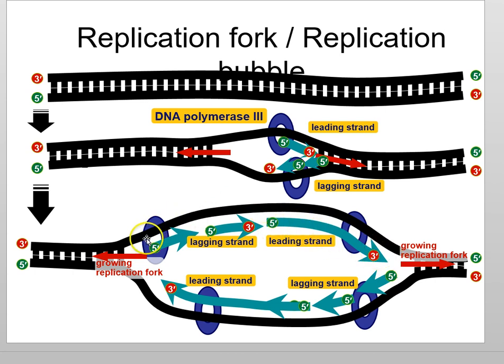The one that goes in this direction has to do it in segments because of some of the rules it has to follow. That would be beyond this course to discuss. But eventually these segments in the lagging strand will have to be sealed together with DNA ligase. Then we have this side also being replicated at the same time, with DNA polymerase going this way, making the leading strand continuous, with the other side making it in segments.